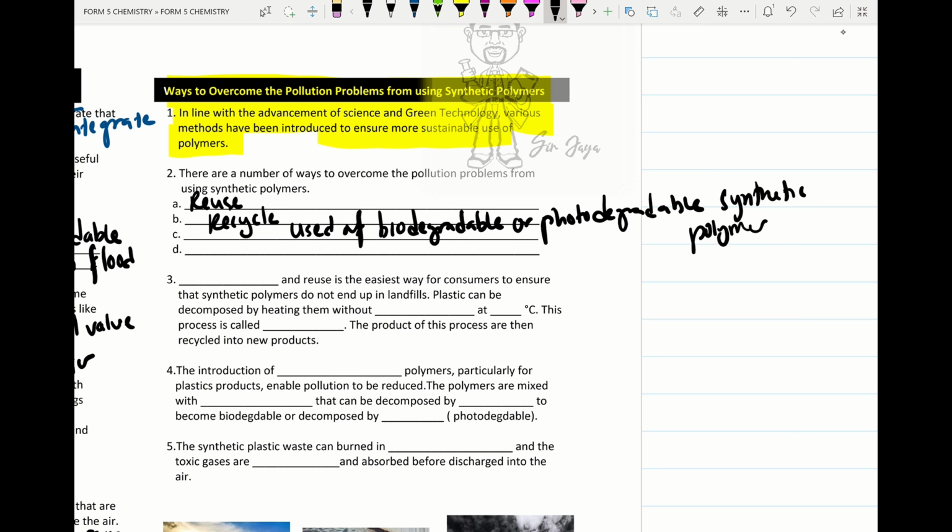And the last one, we burn the synthetic polymer waste in a closed furnace, where the gases are filtered and substances are absorbed before we discharge into the air.